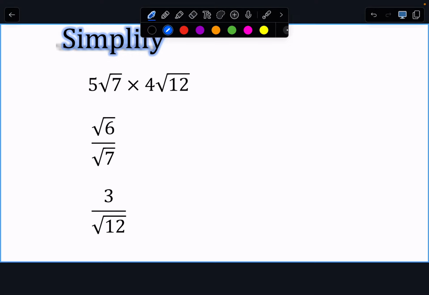Wait, hold up. That's not how it works. It's 4 and I said that's 21. 421. That's still wrong. So you get 80 radicals, 20, 18 radicals, because you have 20 on the outside.